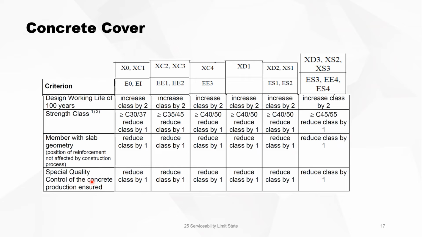This is a special quality control of the whole process, for instance for prefabrication. Then you can also reduce by 1 construction class. So if you use a concrete strength which is more than the required one, and you have a prefab structure, then you can reduce by 2, which is a lot. Most of the time this means that you can gain 10 millimeters on your concrete cover.